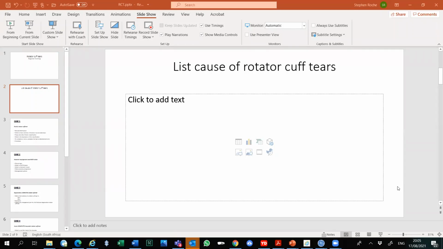And then we break those degenerative into intrinsic and extrinsic. The intrinsic is the rotator cuff, which we talked about, aging and apoptosis. Extrinsic is subacromial impingement, which would be the Bigliani type 2 and 3, you should know. And is anything else giving you subacromial impingement and rotator cuff tears?